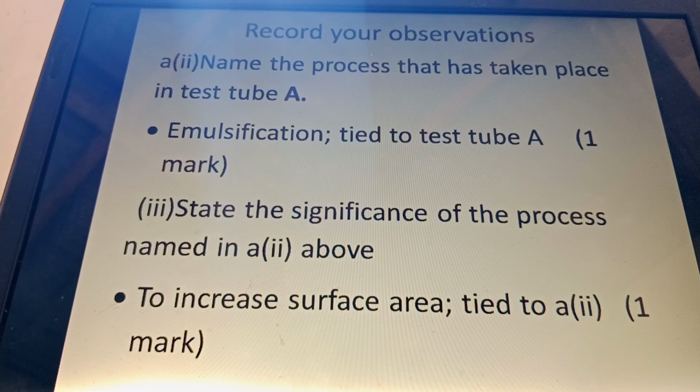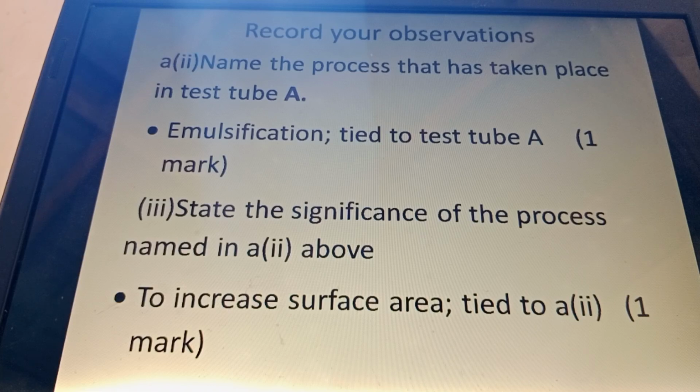So, still recording your observations. Name the process that has taken place in test tube A. The process is known as emulsification. And this one is tied to test tube A. So if you fail the observations in test tube A, you don't get that mark. State the significance of the process named in A1 above: to increase surface area.